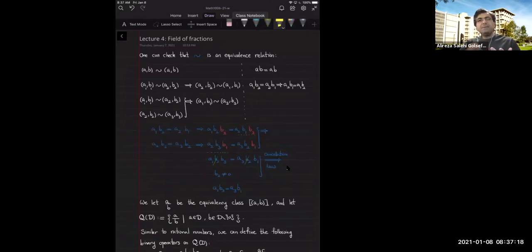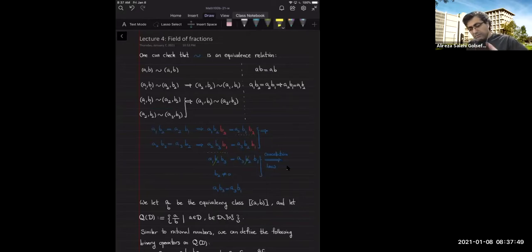If x is equivalent to y, then y should be equivalent to x. We call this the symmetric property. And if x is equivalent to y and y is equivalent to z, then x should be equivalent to z. We call this the transitive property.